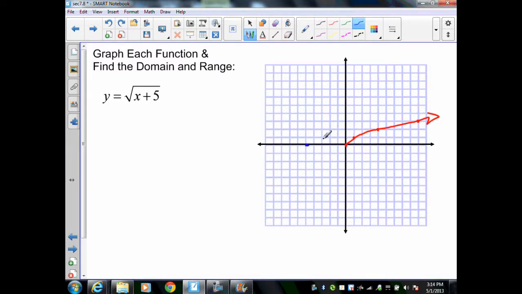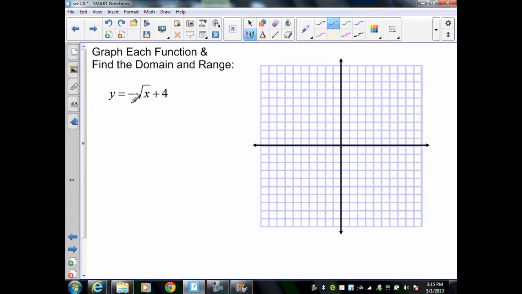And then plot those points. And that is my new function.